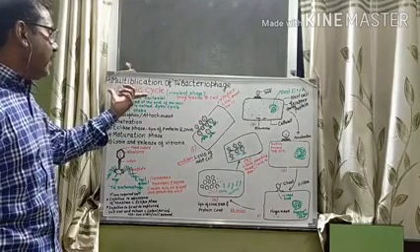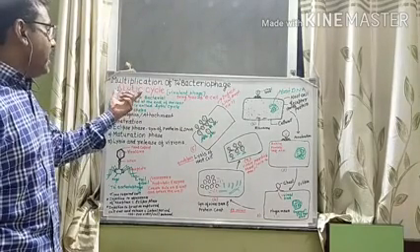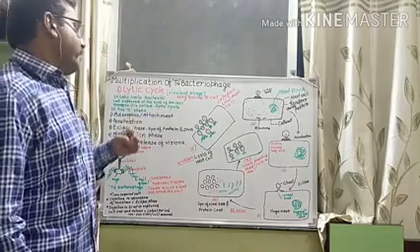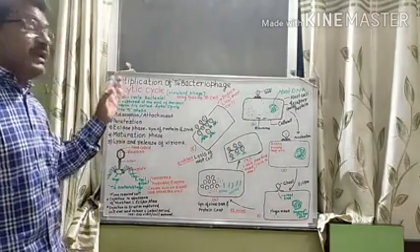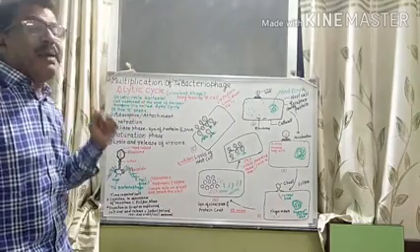The lytic cycle in the bacteriophage is also called the virulent phase. Why is it called the virulent phase? Because it brings about the lysis of bacterial cells.